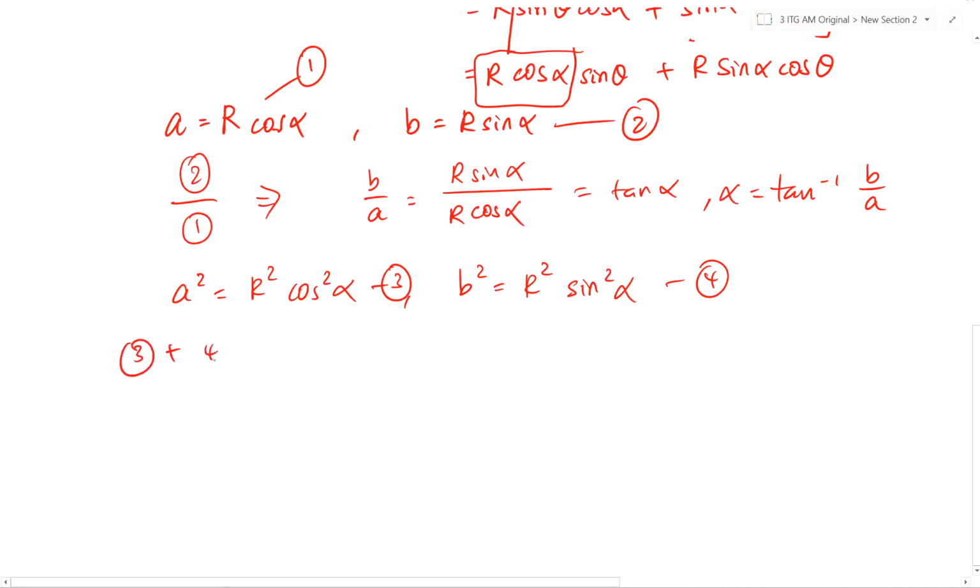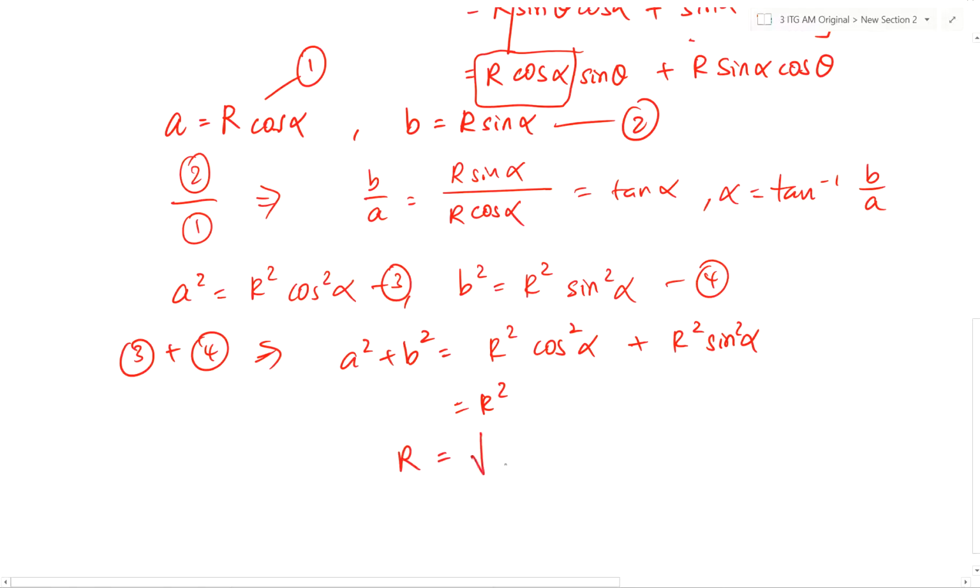A square plus b square equals to? Do you agree with this, when I add both of them up? Factorize r square. And what's in the bracket? Need to write or not? No need. So apparently, a square plus b square is r square. Can I find r now? So it is the square root of a square plus b square.